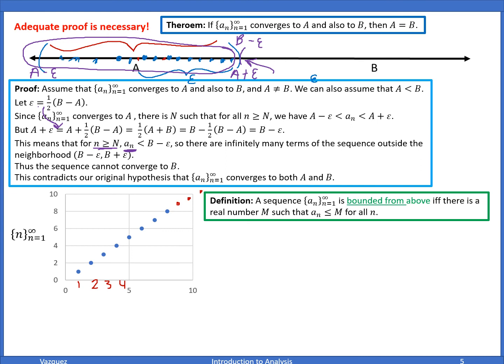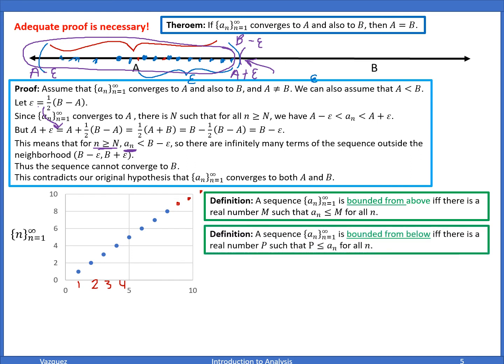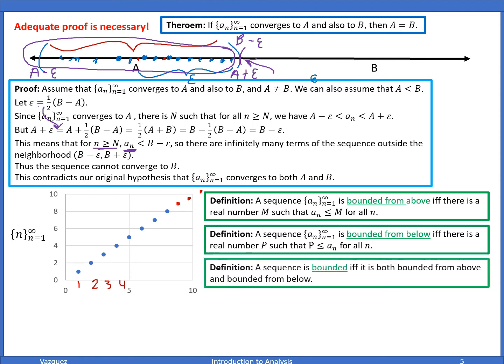It's that there's a real number m and no point is above that. Same idea with bounded from below. It's if and only if there's a real number p such that all the points of the sequence are greater than or equal to that p. And lastly, a sequence is bounded if both of the definitions above hold. So if it's both bounded from above and bounded from below.